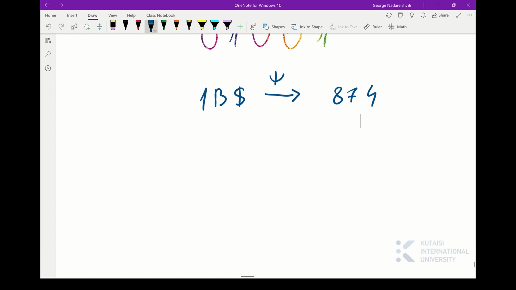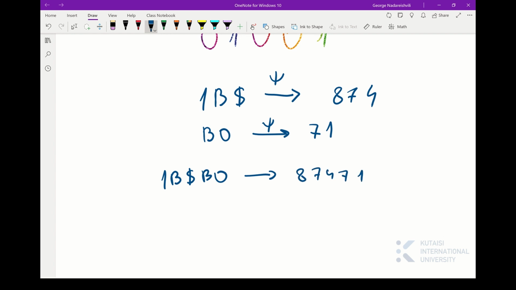And let's say now I have another string, B0, and this goes to 71. So let's say I have this. This goes to this. And now I'm asking, where does this guy go to? Yeah, it's going to be something like this.